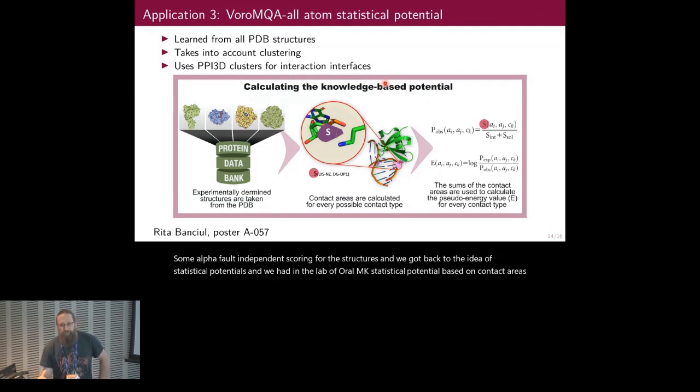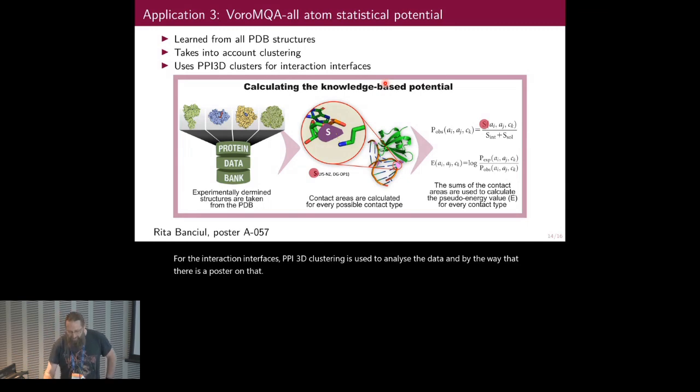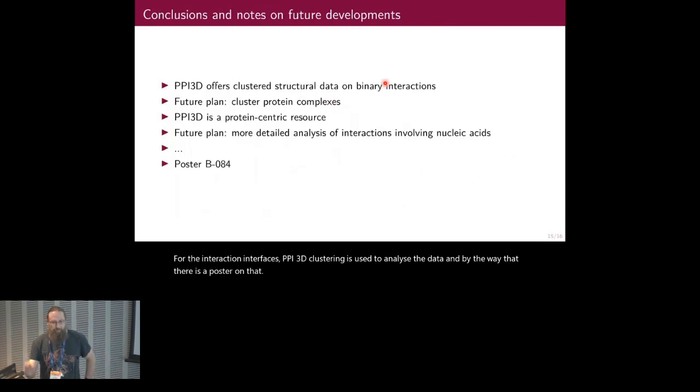We decided to train it also for nucleic acids and ligands, and then make it all-atom, as is popular now. For the interaction interfaces, PPI3D clustering is used to analyze the data. And by the way, there is a poster on that. So that's it.